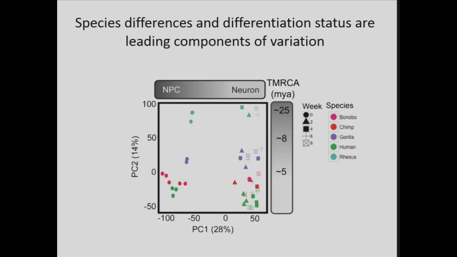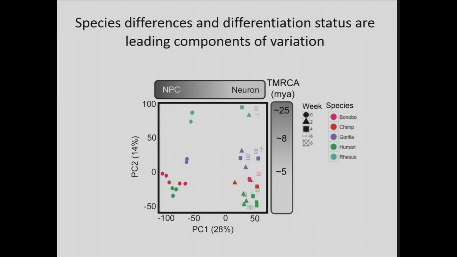And one way to plot this is with principal components analysis, which basically takes all of your data and finds the pieces of the data that make the biggest difference and gives you a score based on that. And so we plot the first 2 scores versus each other, and that tells us where the most differences are coming from.